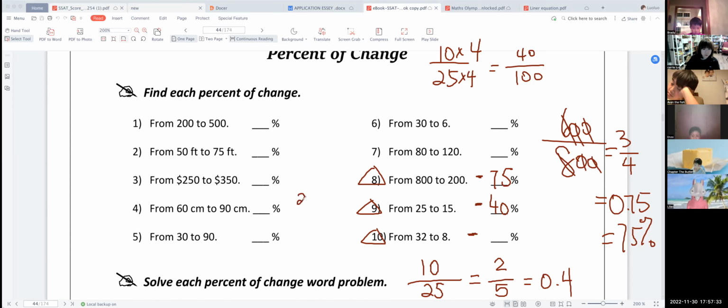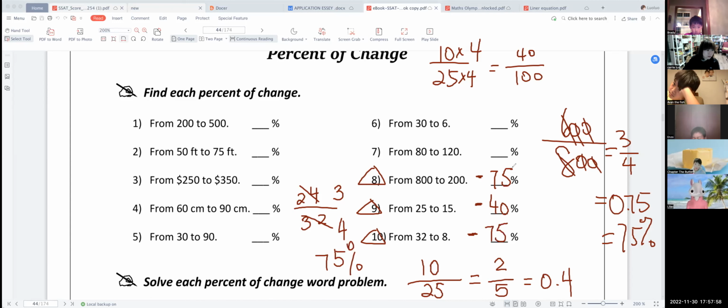Okay, so 24 divided by 32 or 8? 32. Very good. So 32, how do we do it? We simplify it, divided by 8 equals 3, and divided by 8 equals 4. So 3 over 4 again equals what? 75%. So the answer is decreased 75%.